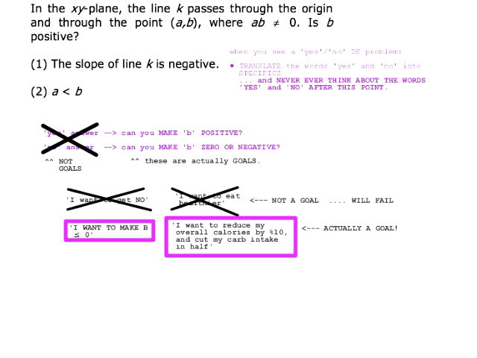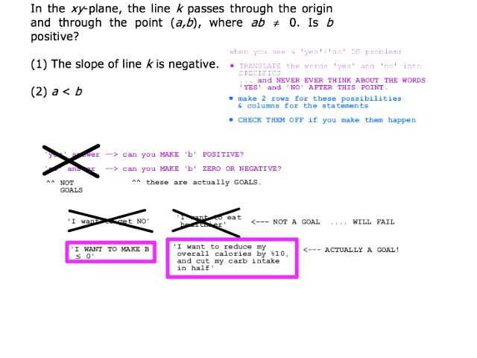What it helps to do after this is to just make a table. Make 2 rows for these possibilities, and then columns for the statements. And then just check off if you make them happen. You've seen my study halls before, so you've seen this device.